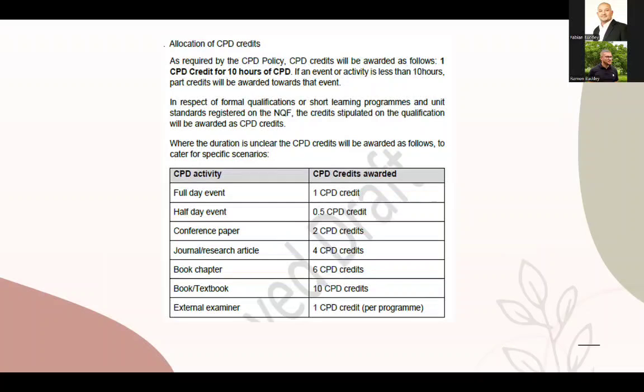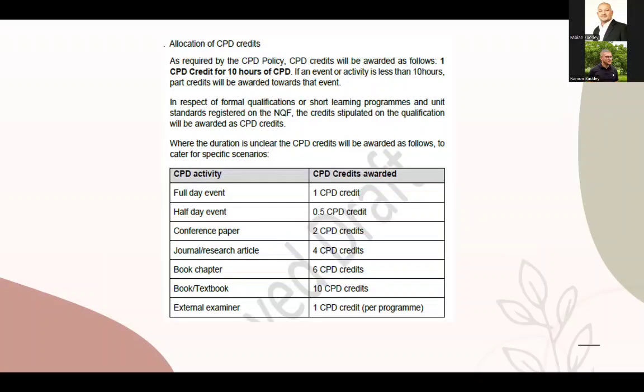Then where the duration is unclear, the CPD credits will be awarded as follows to cater for specific scenarios. So I'm not going to go too much into detail on this. I've explained to you exactly how the allocation works in terms of your hours and your CPD credits. But as an example, a full day event is 1 CPD credit, 10 hours.